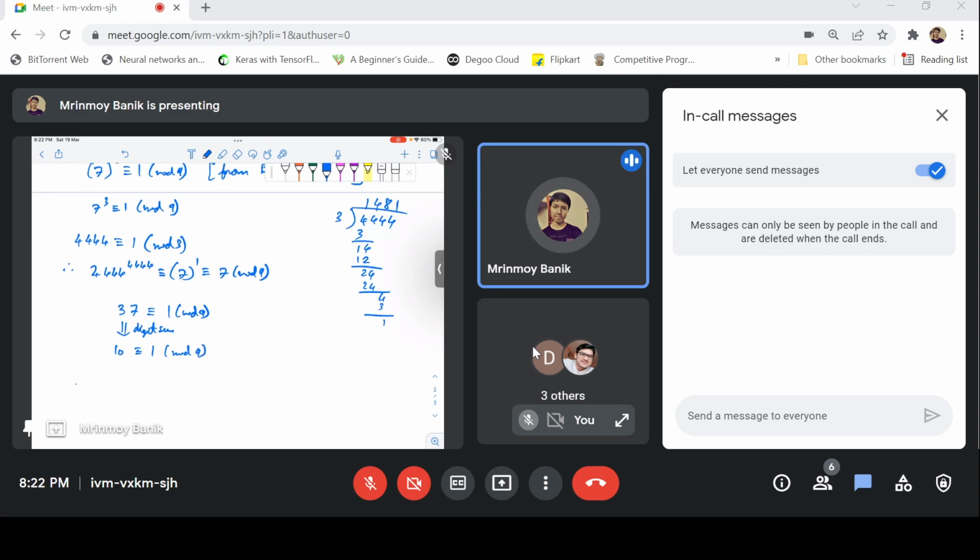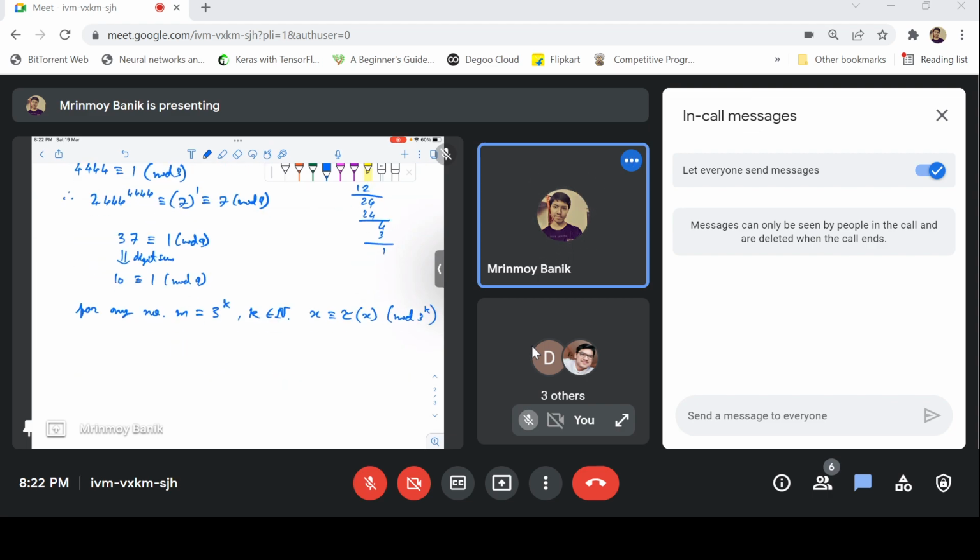So it can be proved that for any number, suppose m, of the form 3 power k, for k a natural number, x is congruent to the digit sum of x, I guess we write it as tau, mod 3 power k, for sufficiently large x.